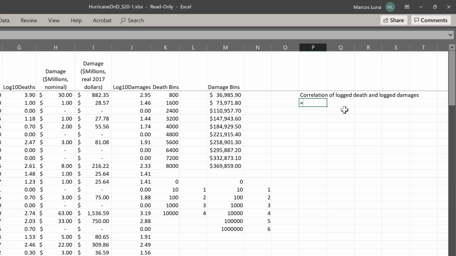We take a formula that starts out with CORREL, short for correlation, and what it needs are two sets of numbers. In this case, we're using the log deaths and the log damages. The deaths are in the range G2 to G121. Is that right?